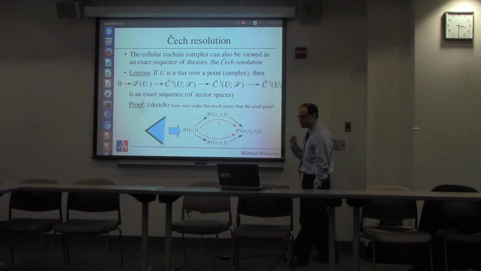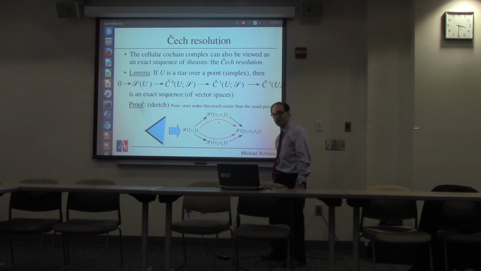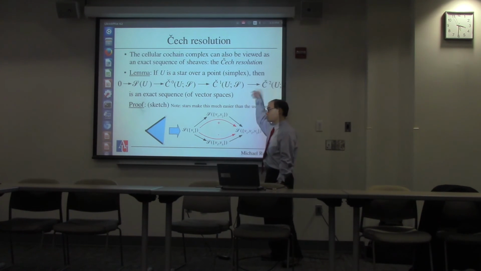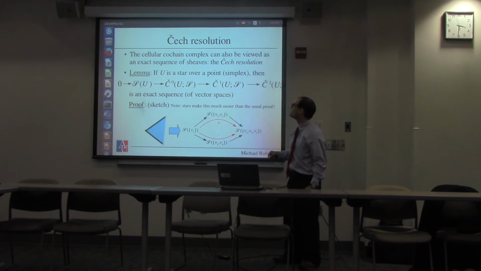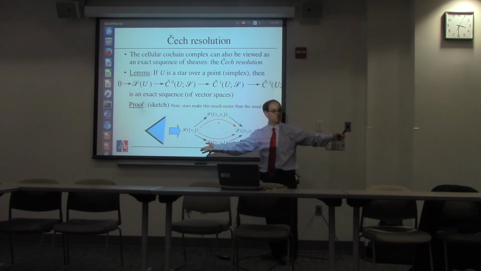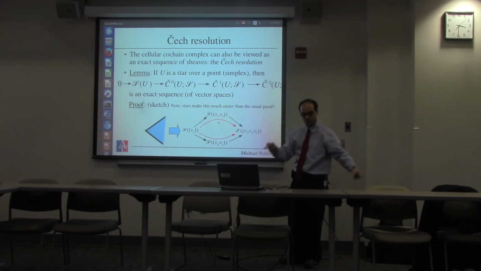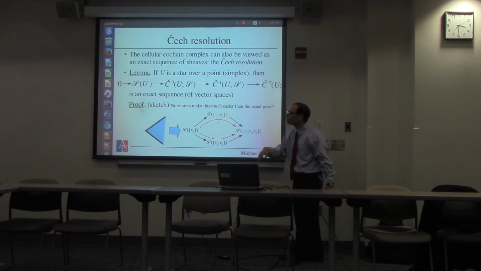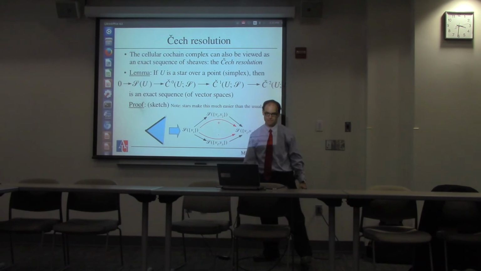And so really the only time I get non-exactness, i.e. interesting homology associated to this complex we just built, is when I'm not looking at the star over a simplex. I'm looking at the union, i.e. global sections. I want to find the whole thing, not just over one point. But if I look just at one point, I end up with an exact sequence every time.